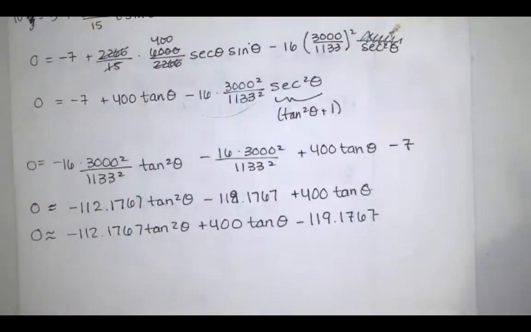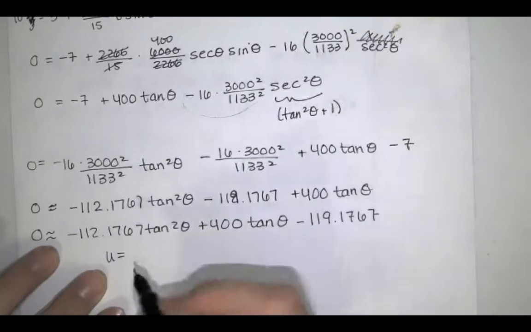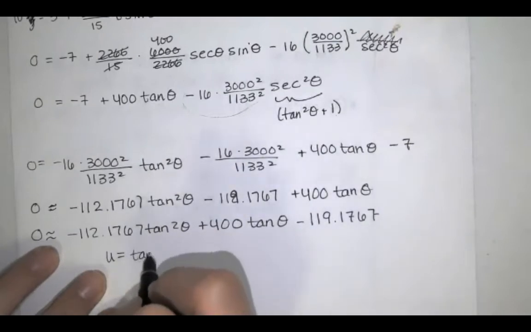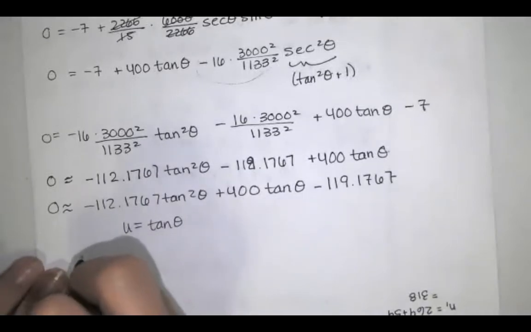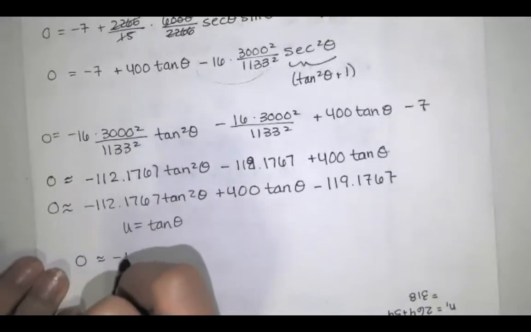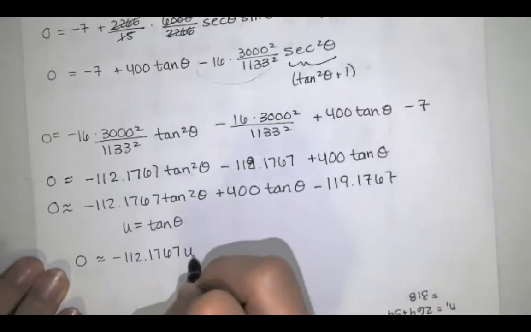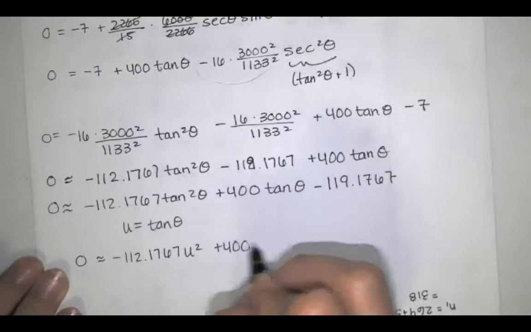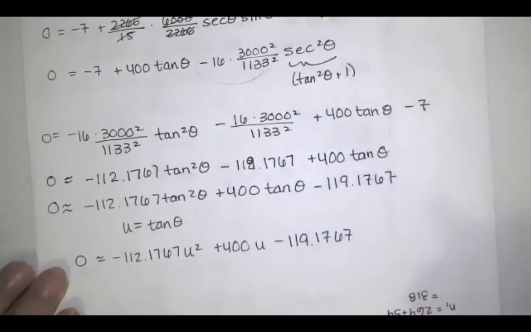You know, the coefficients are not that nice, but this is just a quadratic equation in tangent. So if we let u equal tangent of theta, this is 0 is approximately equal to negative 112.1767 times u squared plus 400 times u minus 119.1767.